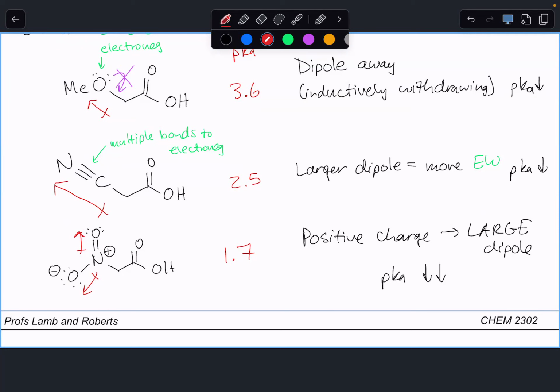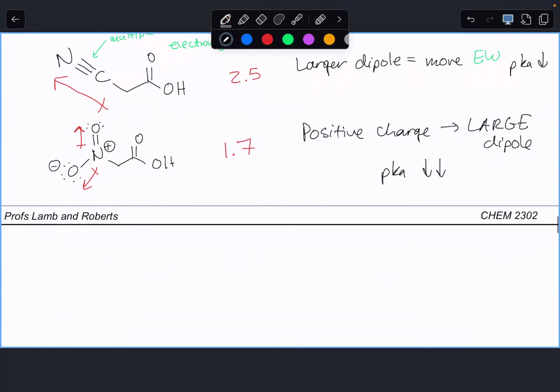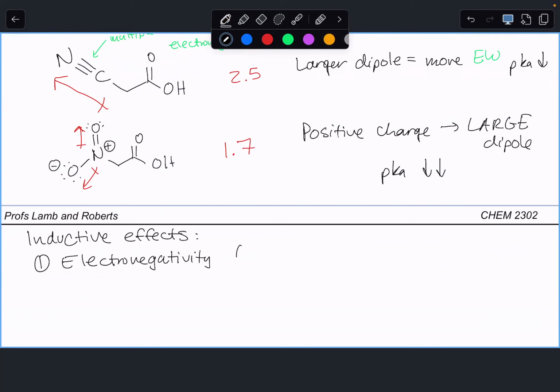What is the electronegativity, or what is the dipole away from the OH? So these are our inductive effects. So that first one is about electronegativity, or the strength of the dipole. Right, so that's kind of the first factor you need to consider when trying to think about the trends.